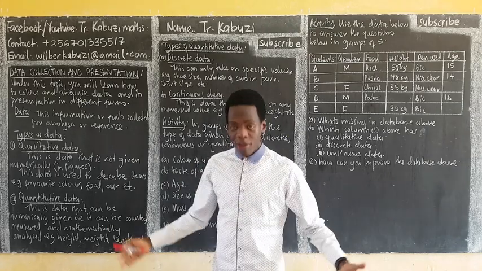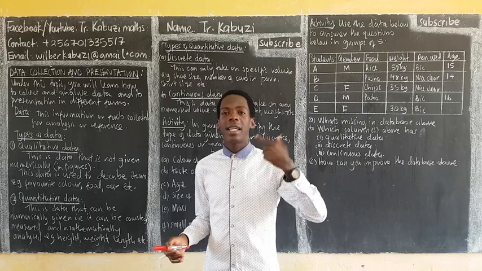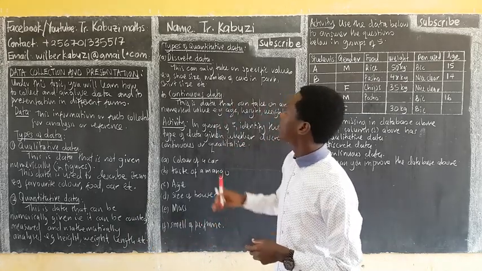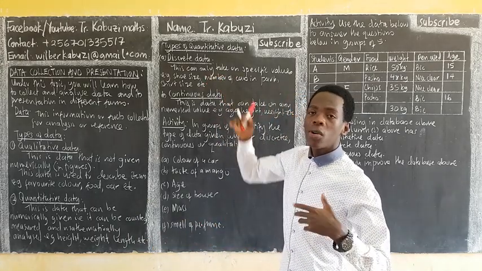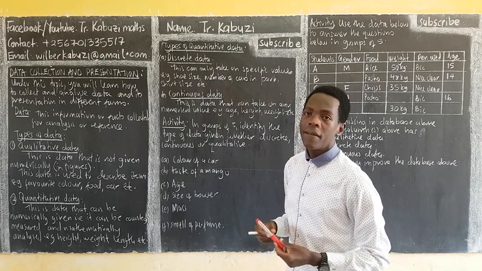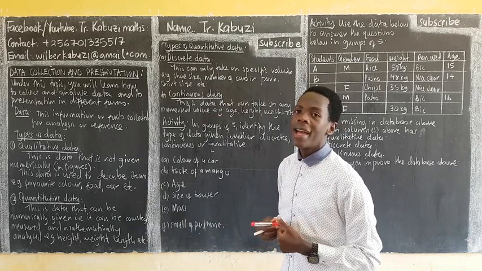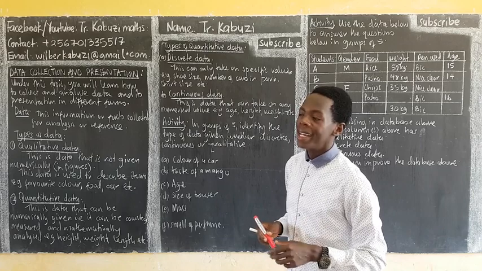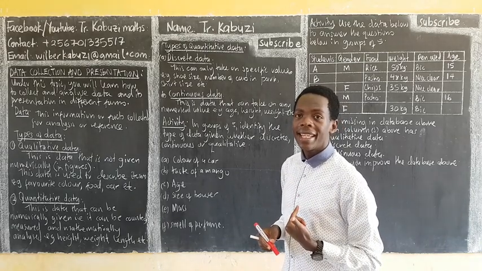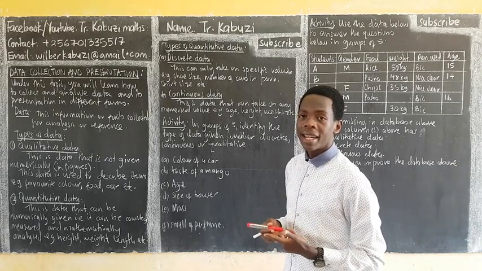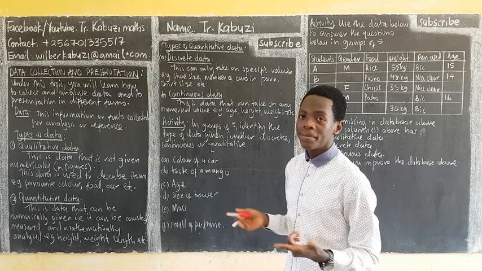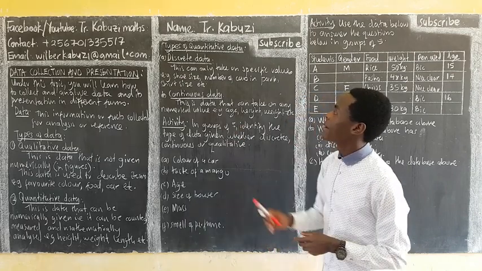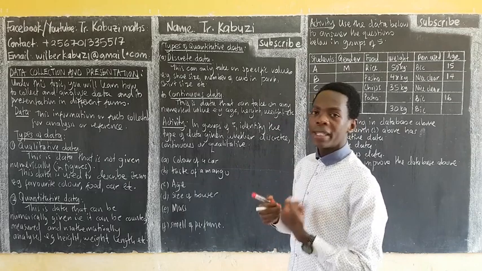My trousers, specific size. This is data that can take on only specific values. For example, my gender. I'm belonging to a certain gender. So those are what we call discrete. They take on specific values.